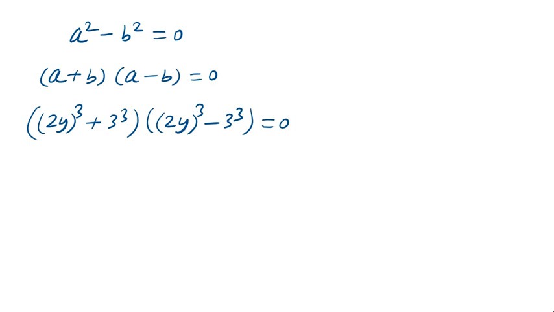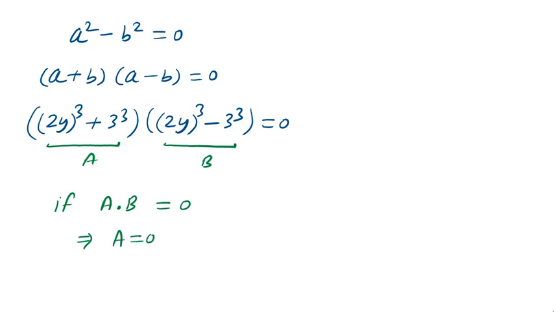Now suppose this term is a and this term is b, and we know that if a times b is equal to 0, this implies a is equal to 0 or b is equal to 0.